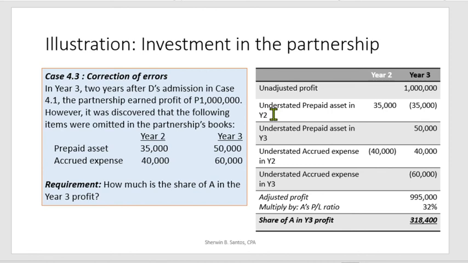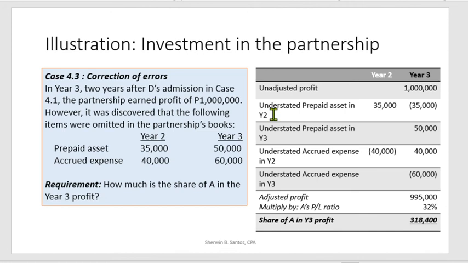Kung mapapansin mo, if you will look at your intermediate accounting, yung discussion on counterbalancing errors, may mga items na kahit hindi mo i-correct on the year it happens will automatically correct itself on the next year. Tandaan mo, diba itong prepaid asset at accrued expenses, these are classified as current. Prepaid asset, current asset.